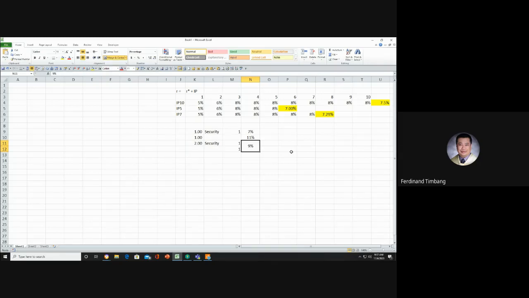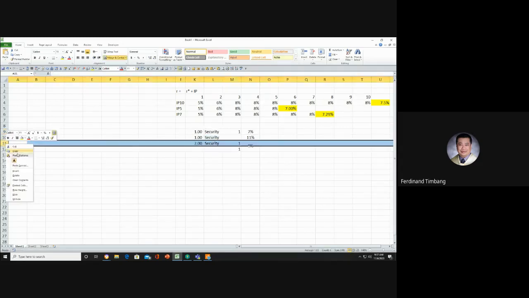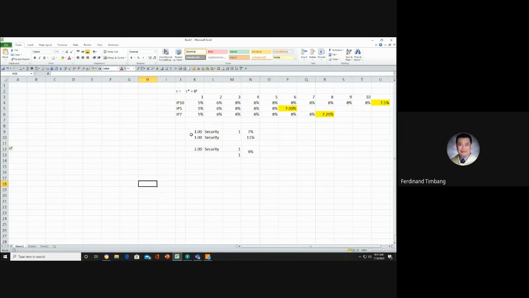Okay? Ulitin ko. Meron muna tayong isang 1 year security that will earn 7%. Tapos meron tayong isang 2 year security that will give you 9% for 2 years.